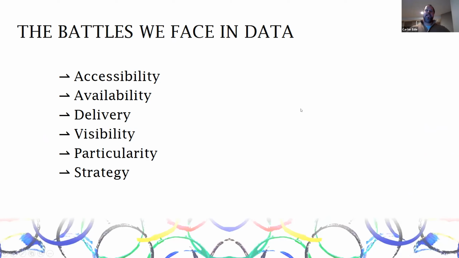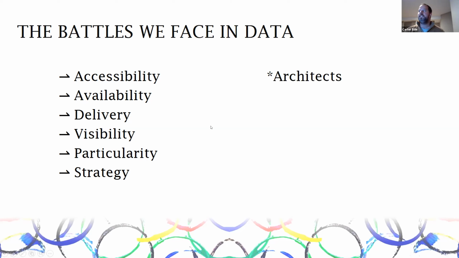And so if we take that in the context of who we are as data professionals within organizations, a lot of us focus in on the application of Tableau and building of visualizations and dashboards, but each data professional faces different kinds of battles that they need to address and overcome.